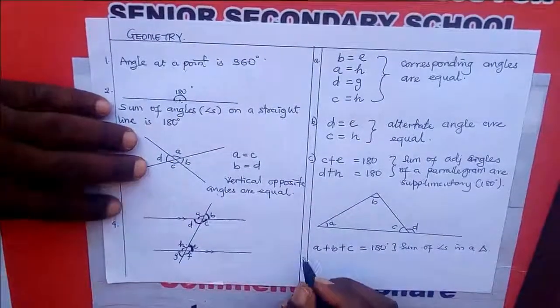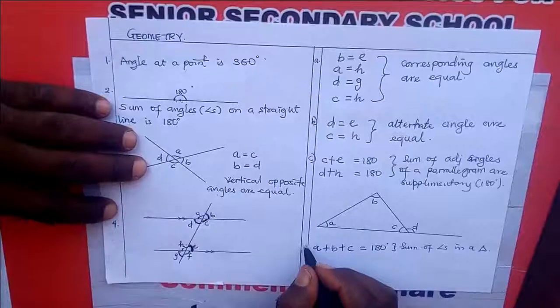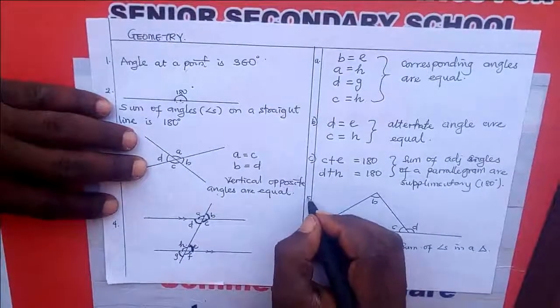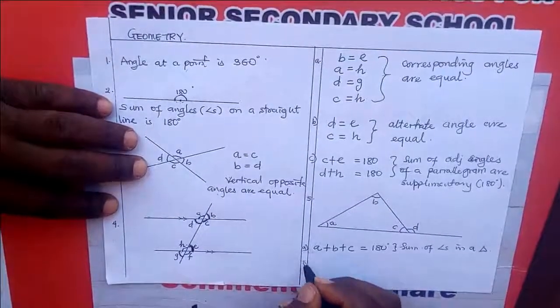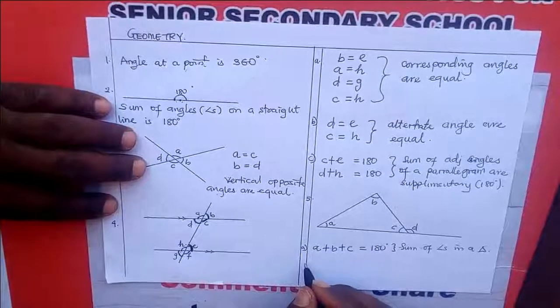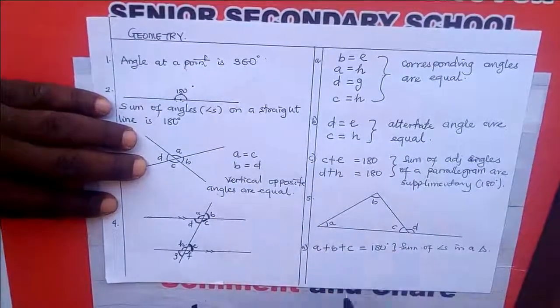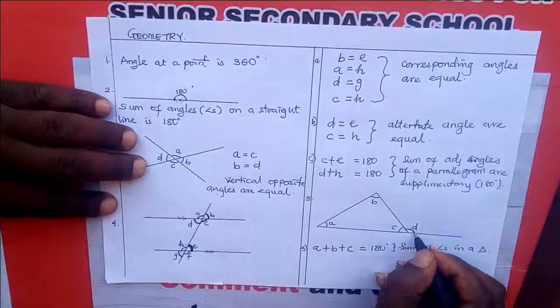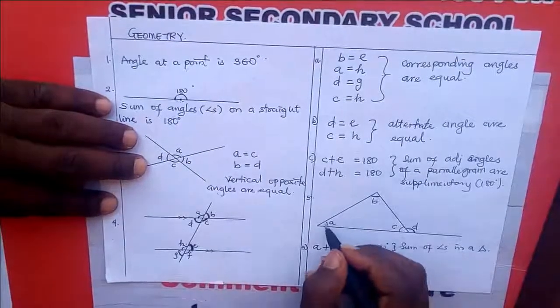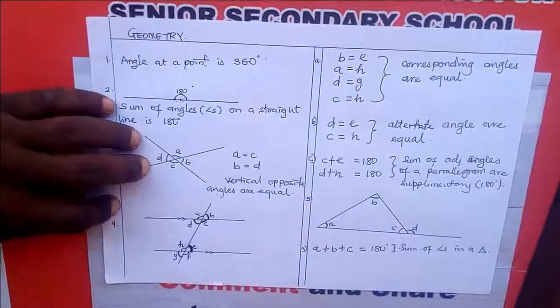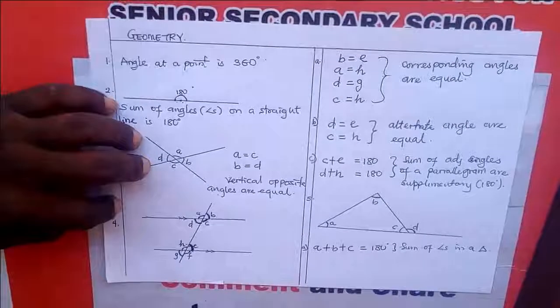That is the first theorem, the A part of it. And the next one is the exterior angle is equal to the sum of the opposite interior angles.